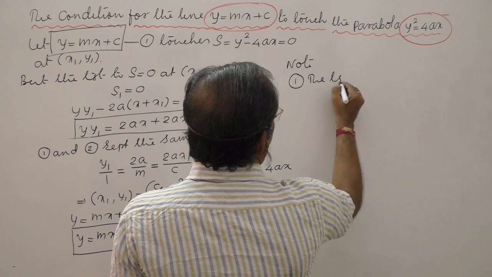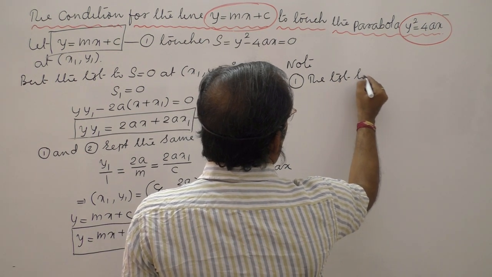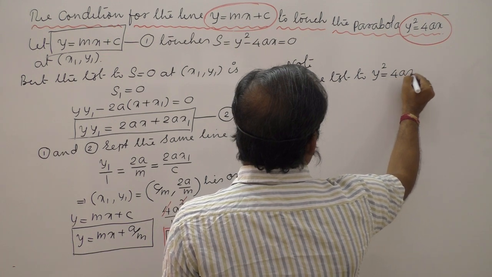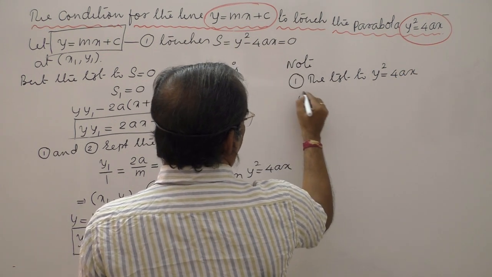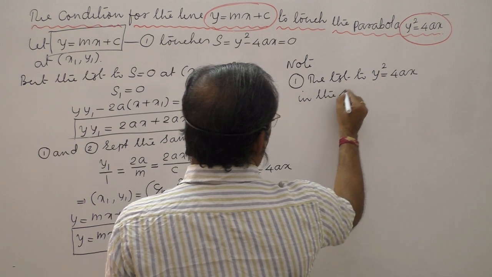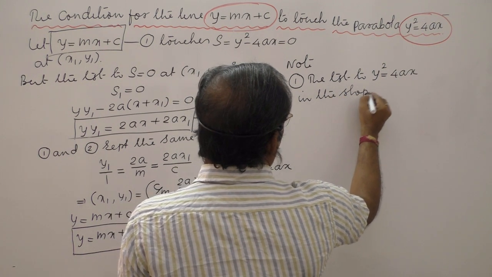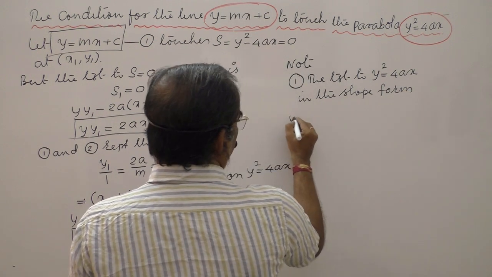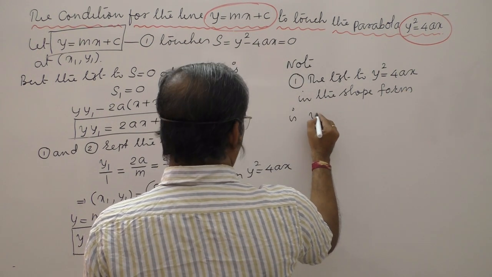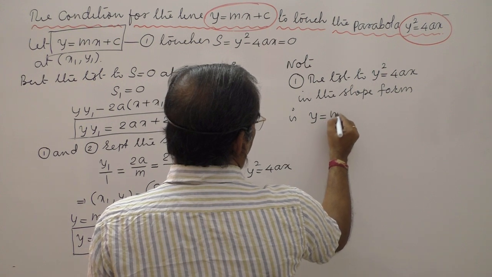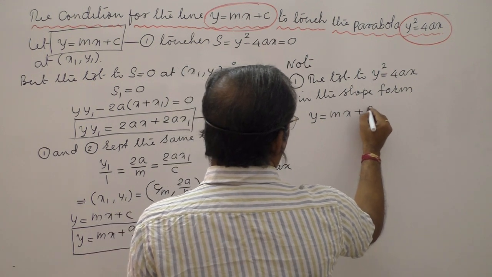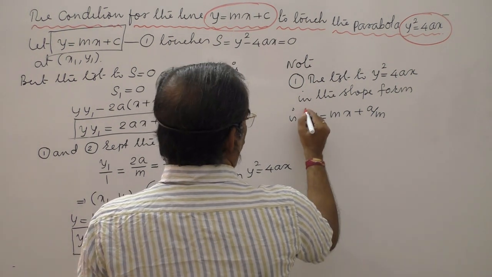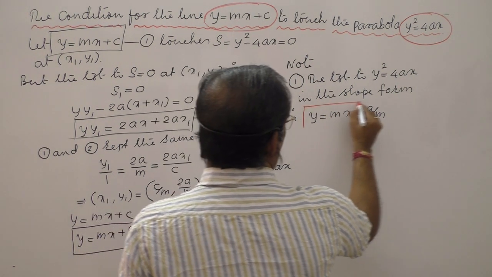The equation of the tangent to the parabola y² = 4ax in the slope form is most important. These are very useful formulas: y = mx + a/m, the equation of the tangent in the slope form.